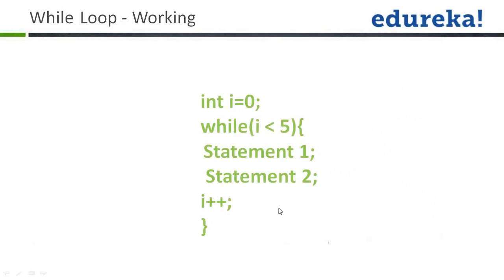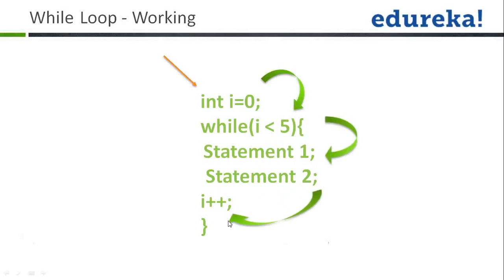Now I come to the working of a while loop. First of all, the value of I gets initialized, then it is checked in the while condition, that is whether it is less than 5 or not. As soon as it finds true, it will get inside, execute the statements right here, and increment the value of I. After that, it again comes back and checks the value of I. If it finds true, again it comes here, increments the value, and again checks the condition.